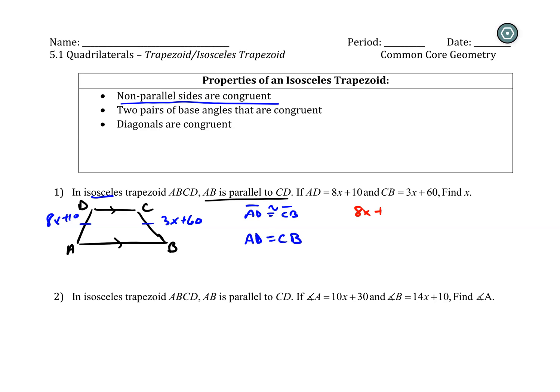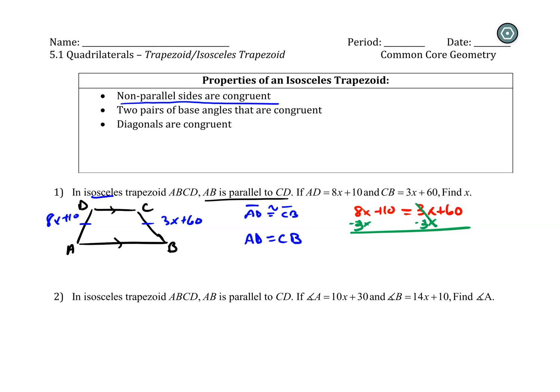So 8x plus 10, I'm going to set that equal to 3x plus 60, and now I'm just going to simply solve like I would any algebraic equation. I'm going to get my x's to one side. By doing so, this should be 3x, not 2x.